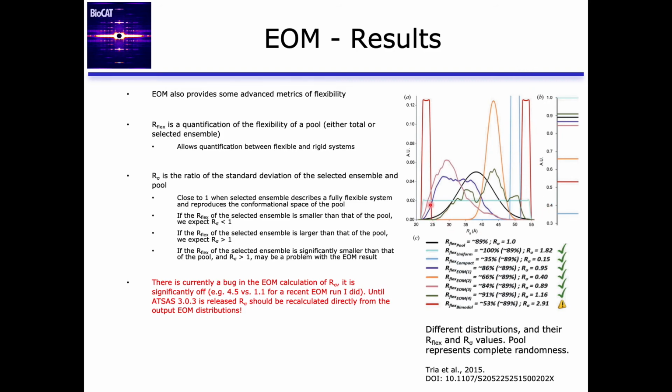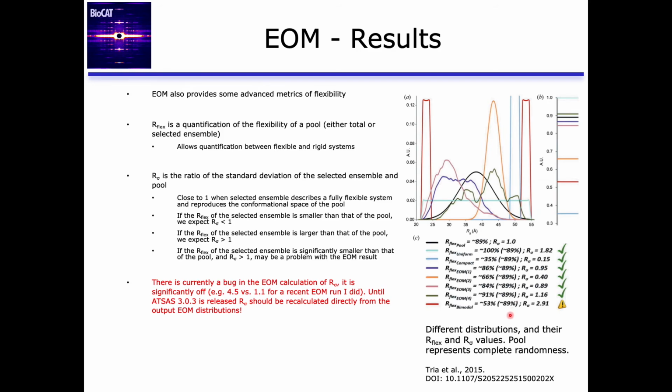In this case, we have very narrow distributions, so we're getting a small R-flex, but because we have two of them, there's a large standard deviation, so we get a very large R sigma value. And so in this case, you want to go back, you want to verify that your data and your inputs are all accurate, that you're generating good models, and you need to be very cautious before you trust this kind of distribution.